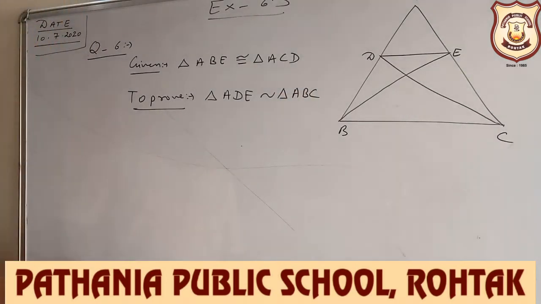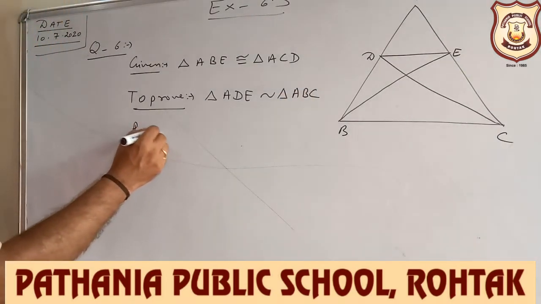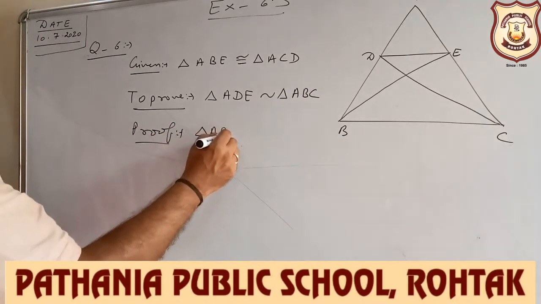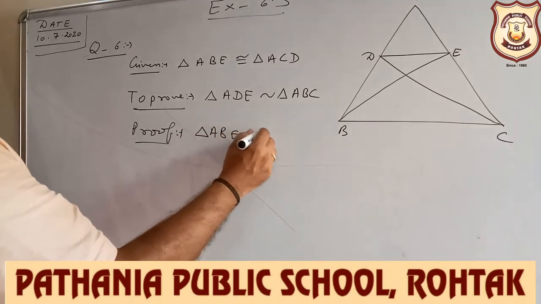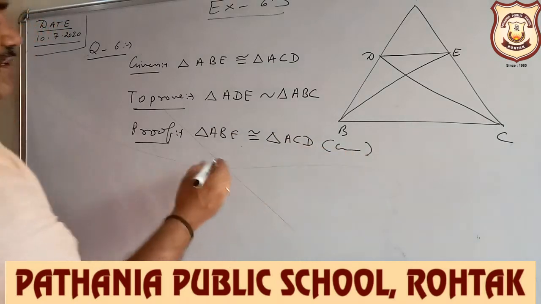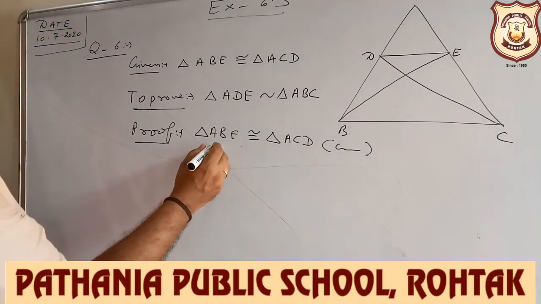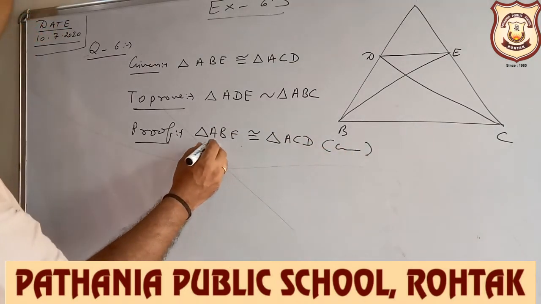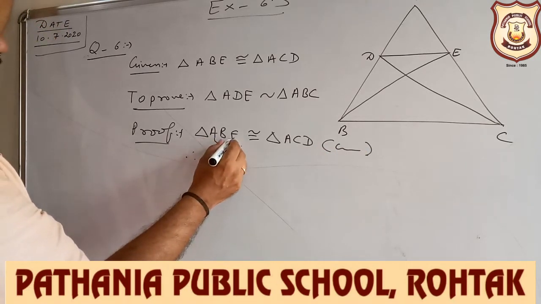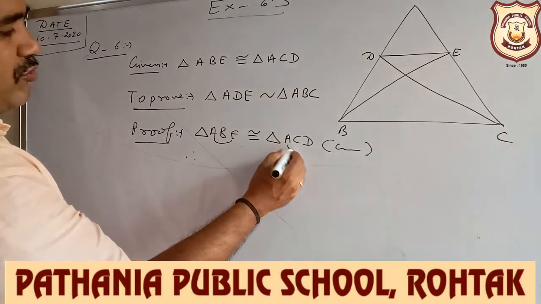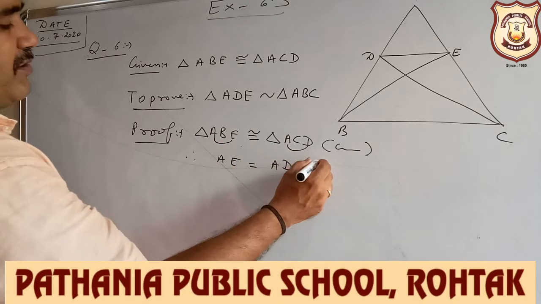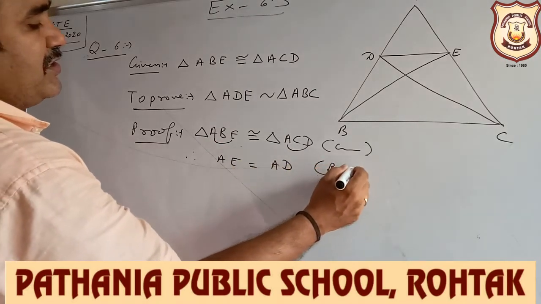See students, proof. Triangle ABE is congruent to triangle ACD. It is given. Therefore, this one AE equals AD. Why? By CPCT.